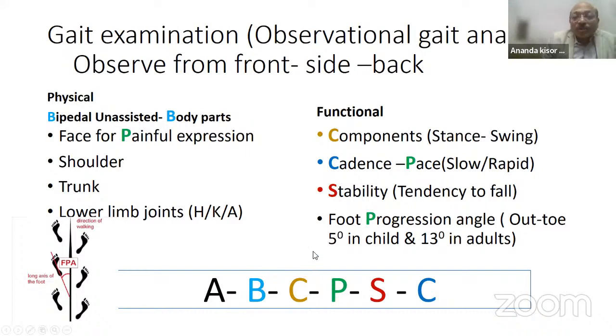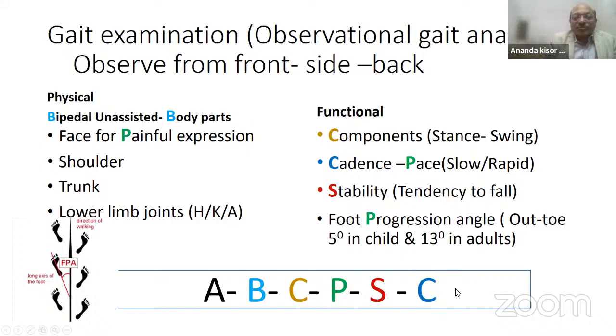C is for the components, you have to see whether the stance phase is more than the swing phase. P is for the pace, we have to check for the foot progression angle and the painful facial expression. S is for the stability, you have to check whether the patient has a tendency to fall, and C again is the cadence or the pace. So A, B, C, P, S, C is the mnemonic.